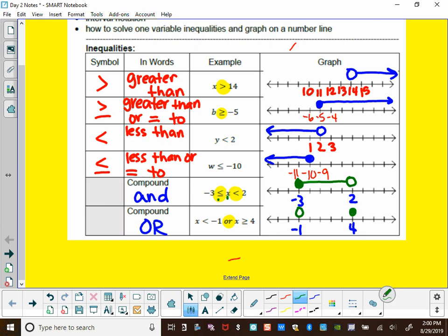And because we know it's an "or" graph, they are going to go opposite directions. All good here?